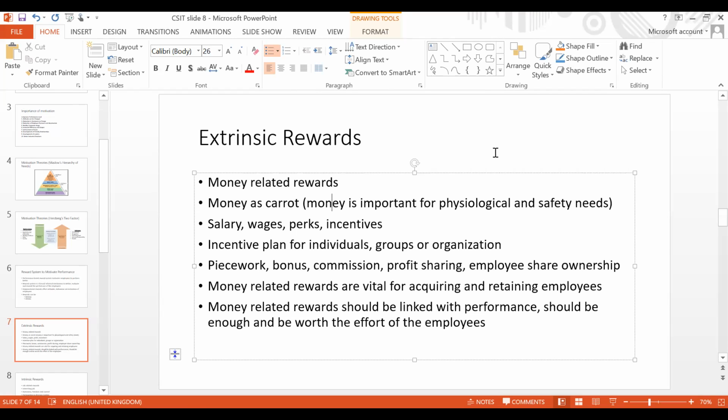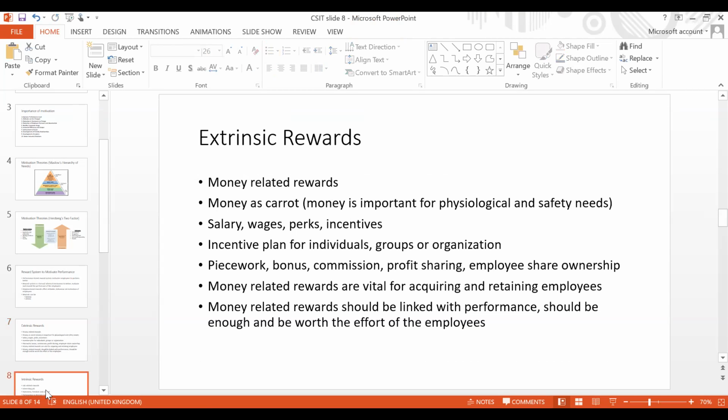And whenever you have these reward systems, whether monetary or non-monetary, always make sure that you tie this reward system with their effort, with their performance. The performance सँग tie चाहिँ गर्न पर्छ है. So that is extrinsic rewards, now let's see what are intrinsic rewards.